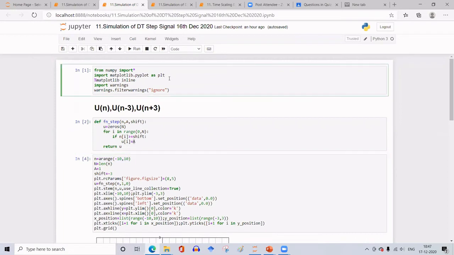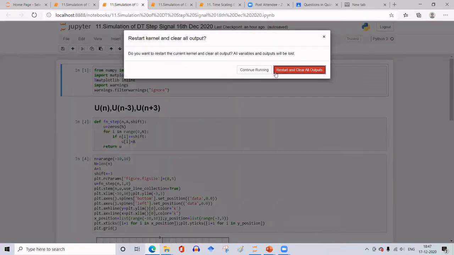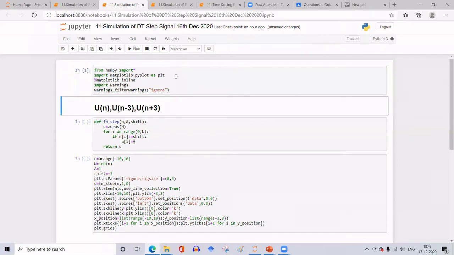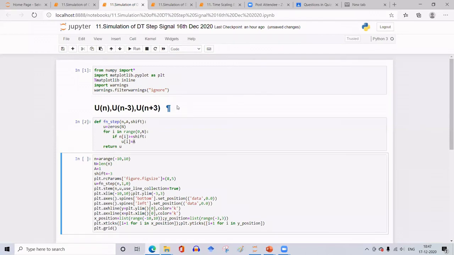Let me run this. Let me restart it first. So as before, the first cell, importing the required libraries. Here I will generate u of n minus, and u of n plus of shift. Okay.